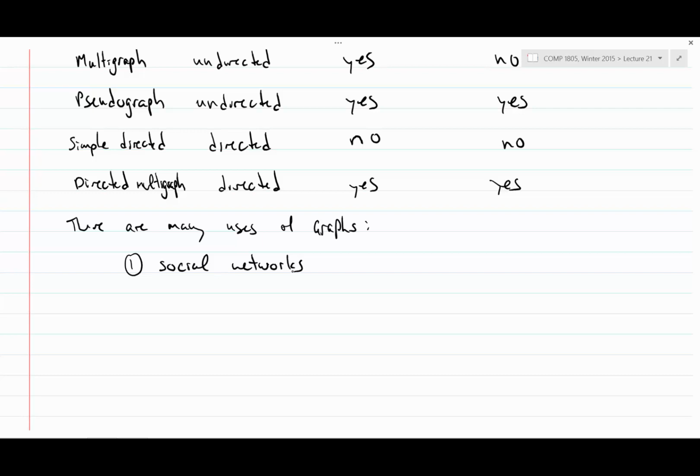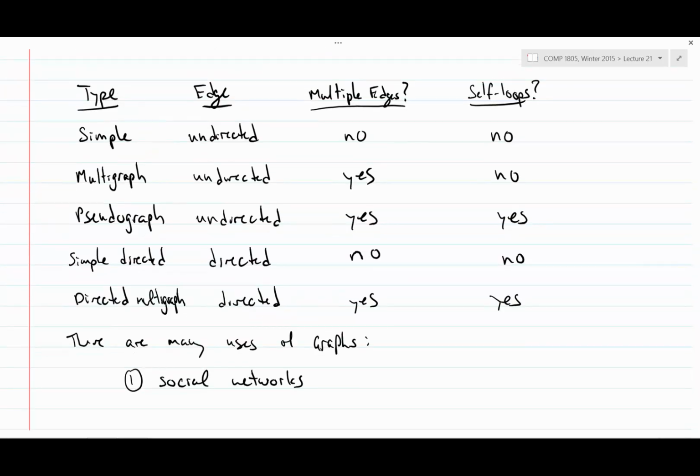So Facebook is a graph, right? It makes up a graph. The vertices are all people. And there's an edge between two people if they're friends on Facebook. So this is a certain type of graph. Which type of graph would this be?